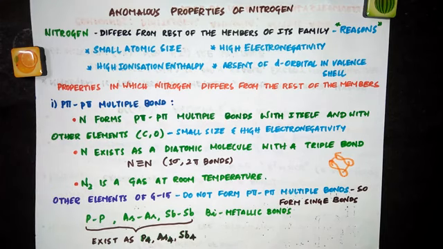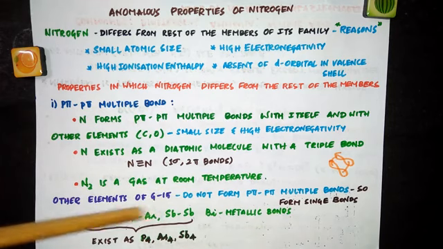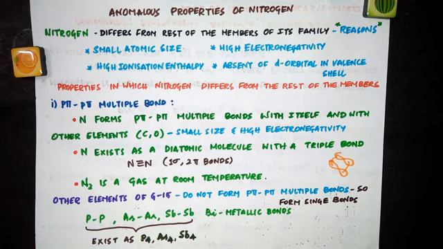But the rest of the members, because of their bigger size, and due to the force of attraction holding the tetraatomic molecules, P4, As4, these forces of attraction are quite strong and they cannot be broken at room temperature. Therefore, N2 is a gas and P4, As4, Sb4 are all solids at room temperature.